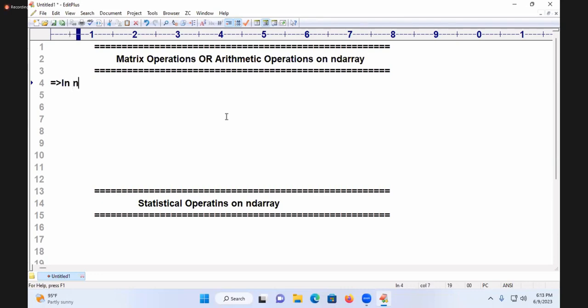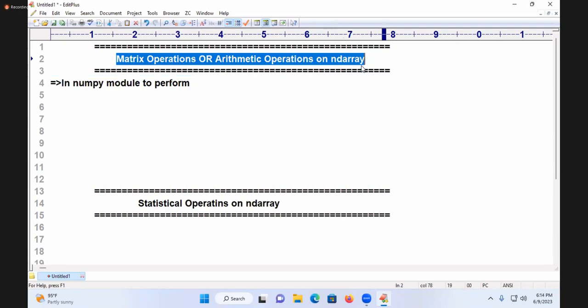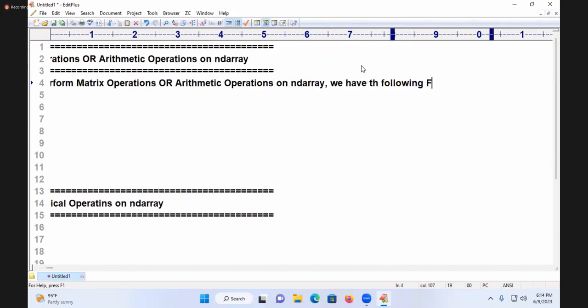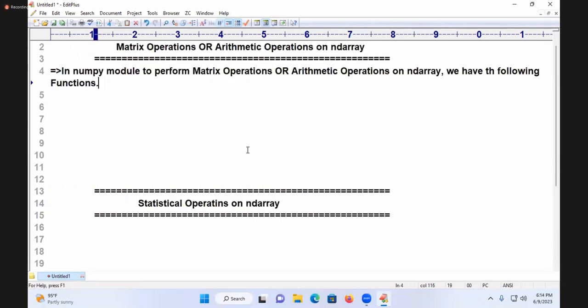So in the NumPy module, to perform matrix or arithmetic operations on ND array, we have the following functions. I'll write them one by one.